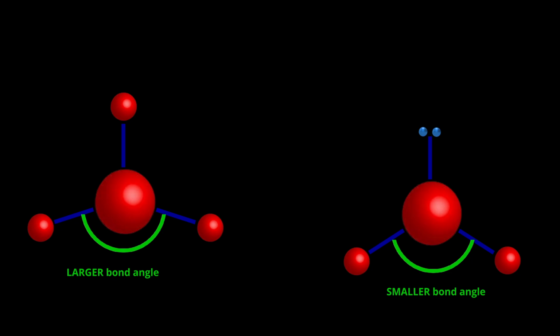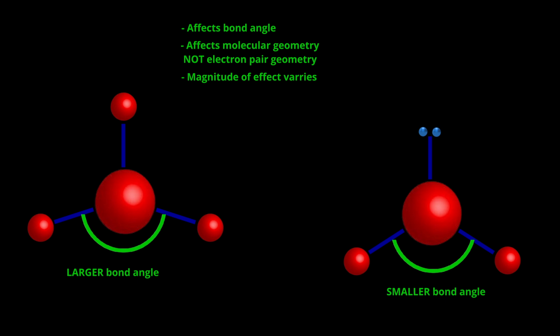Adding a lone pair affects both the bond angle and the geometric structure of the center atom. While the change in the bond angle can vary from structure to structure, the rule of thumb is the bond angle between the bonded atoms will always be less than before.